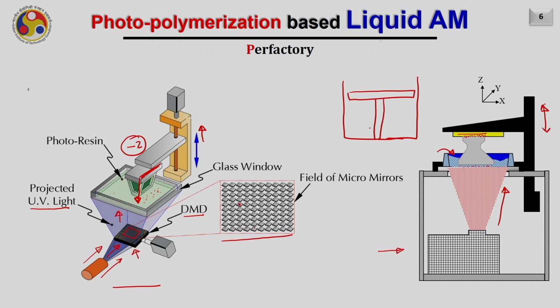Even if you want to build a part of a very small length or height, not really very big, your liquid tank has to be filled completely, because for the recoating operation you know that it has to go down and then come up at this location only. Why at this location? Because the laser light that was falling from the top has a focal point at this level only. Therefore, each time your liquid tank has to be filled completely with the liquid photopolymer.